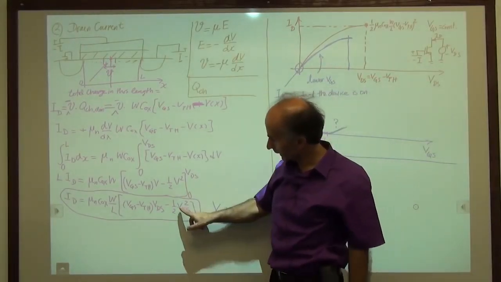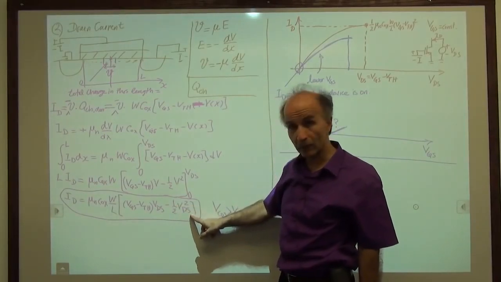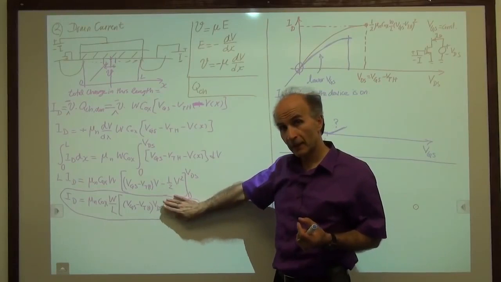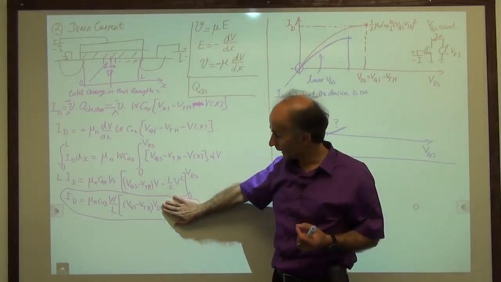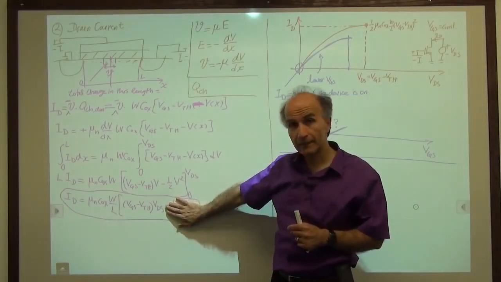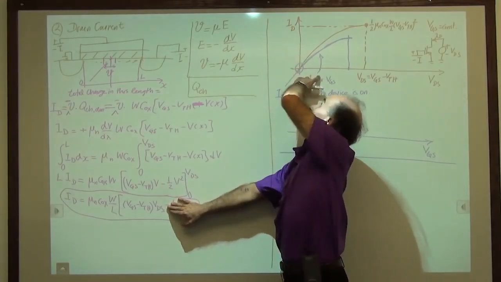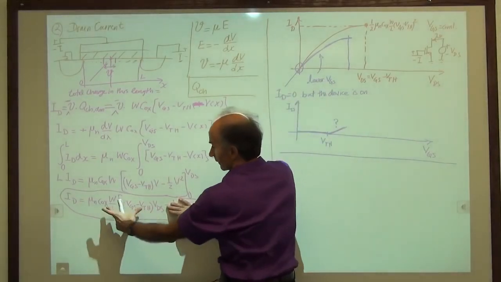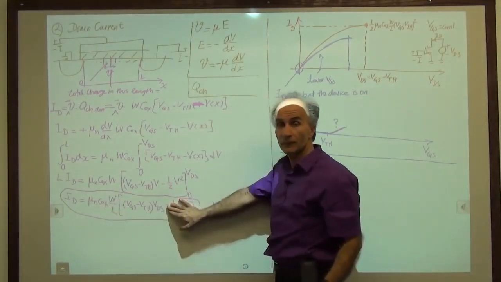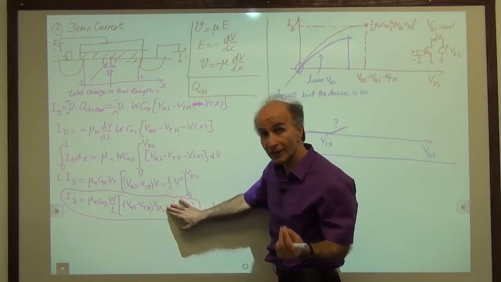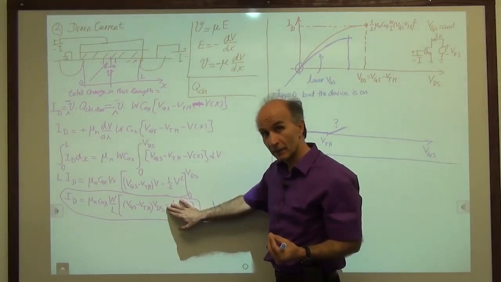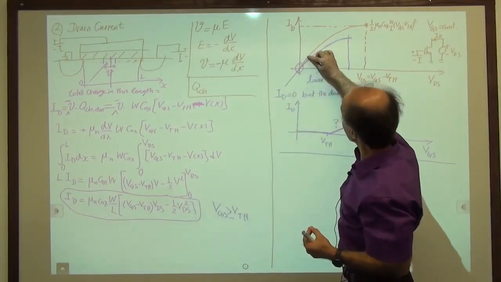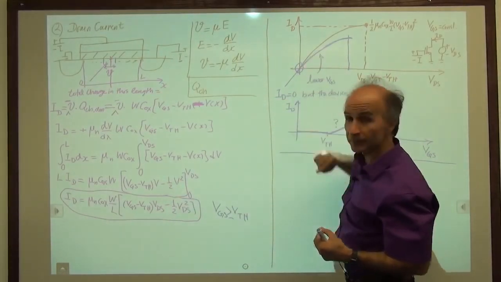We can see that if this term is very small, when you start with very small VDS, the squared term might be small, right? If that term is small, we see that ID and VDS are related by a simple constant value, right? So ID and VDS are linearly related. There's no second order term. We don't have a parabola. So around here we can approximate the parabola by a straight line.